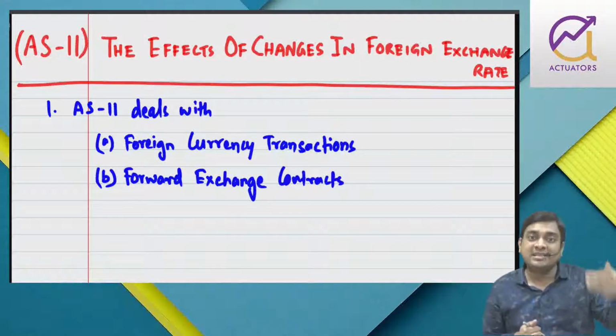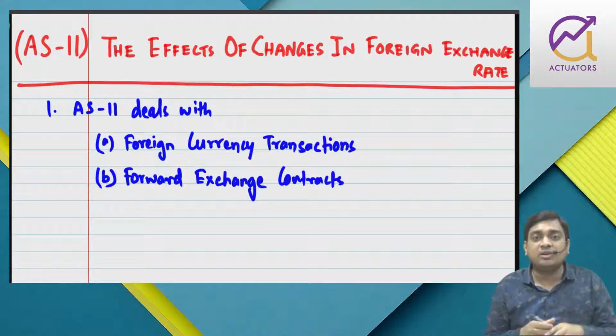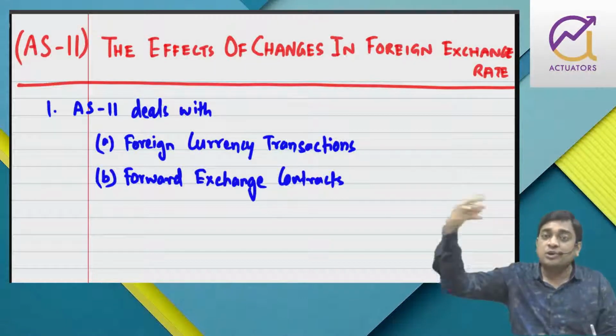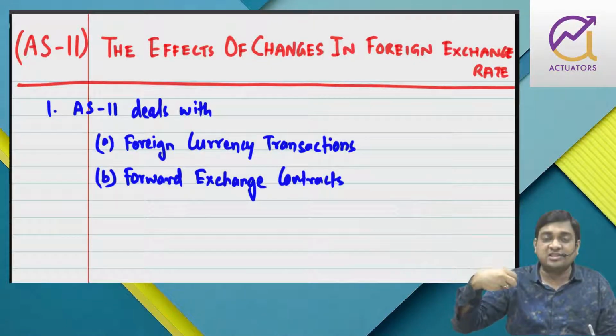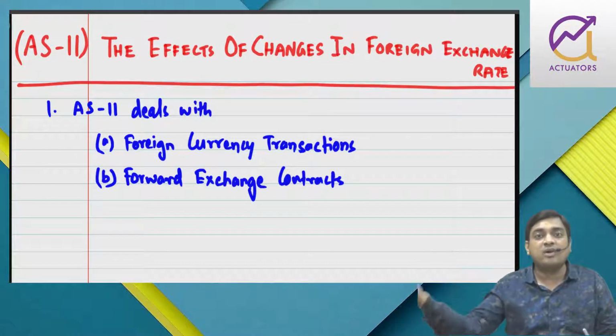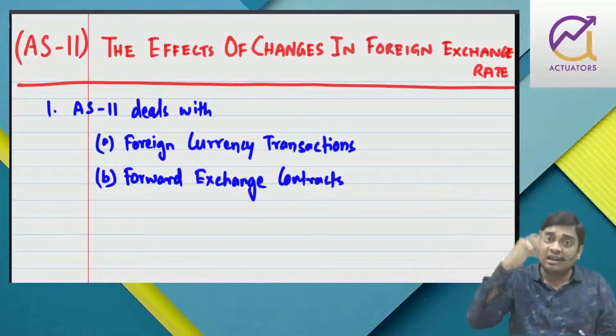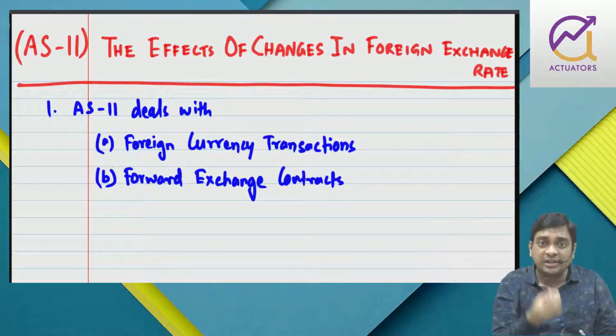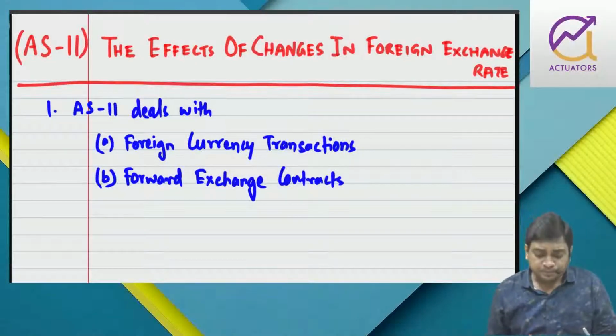My reporting currency is Indian rupee, so I have to report that transaction in Indian rupee. The amount of goods purchased and the foreign creditor are denominated in foreign currency, so I will convert that into Indian rupee using today's spot rate.